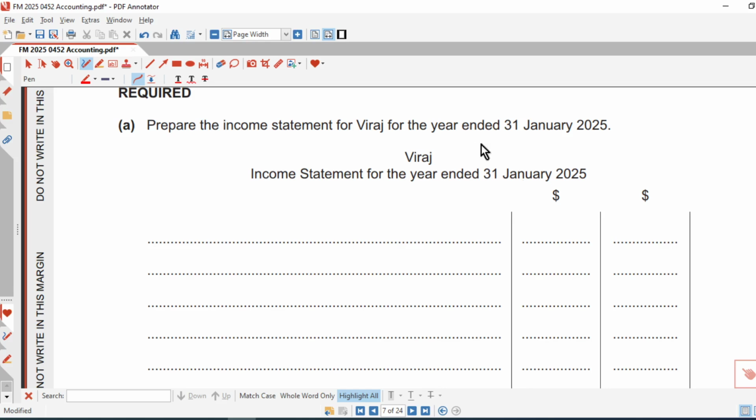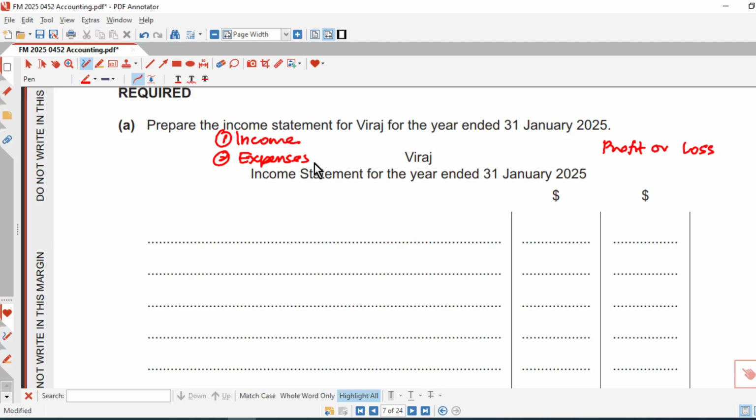An income statement basically looks at the profit or loss that was achieved in the year. So there are going to be two components in the income statement. First, we're going to look at income. Second, we're going to look into our expenses.